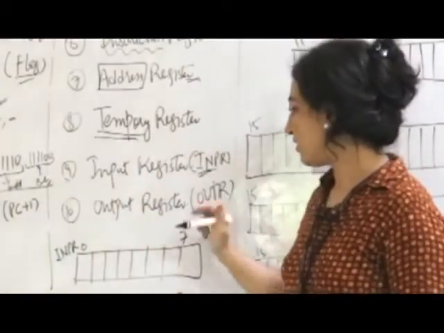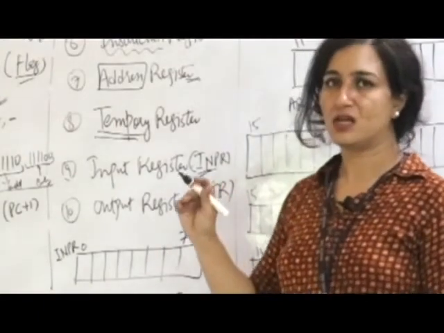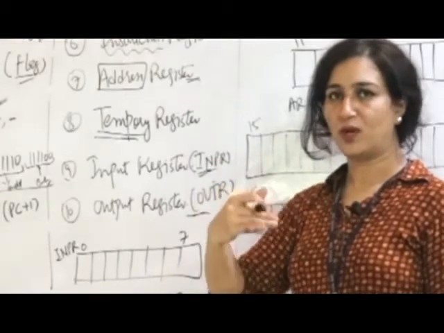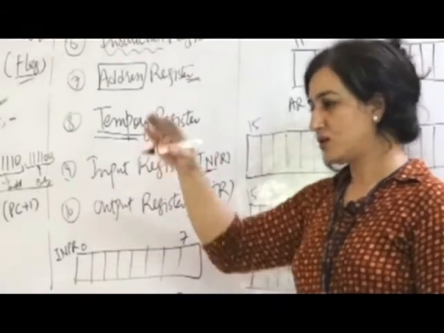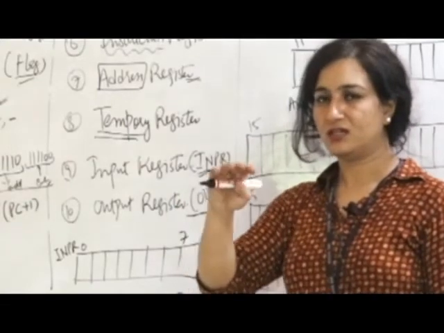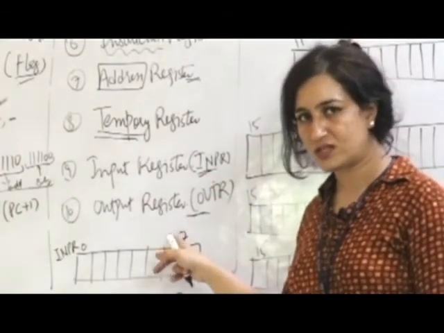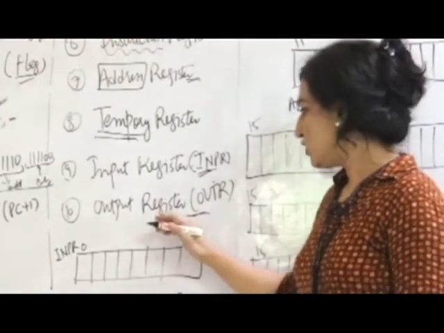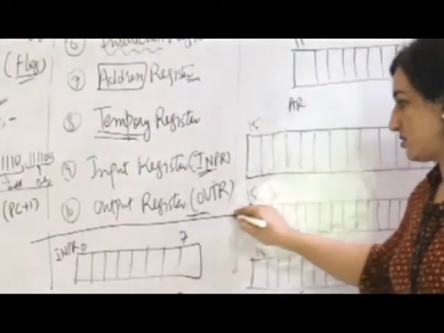The next is the output register. Output register means after the processing, when the result comes to the screen, before coming to the screen, the result goes to the output register, and after that the result comes to the screen. So that's all about the registers.